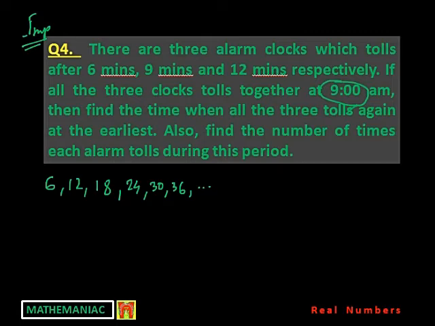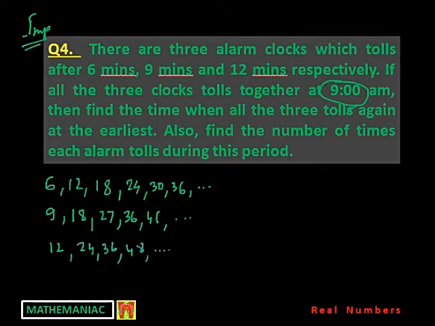And the 9-minute one, you see, first 9 minutes, then after 18 minutes, then 27, then 36, then 45 minutes, like this. Next one is 12, then it is 24, then it is 36, 48.